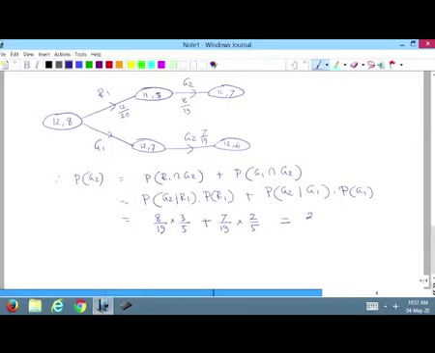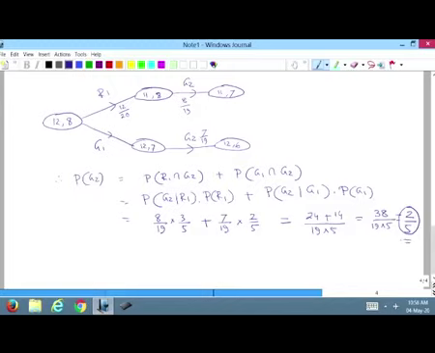This is equal to (24 plus 14) upon 19 into 5, which is equal to 38 upon 19 into 5, which is equal to 2 upon 5. So, that is a bit of a new result.